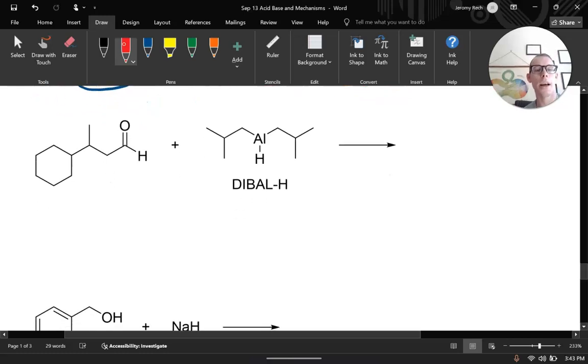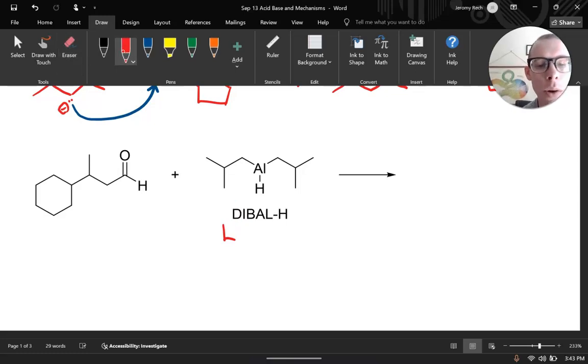Our second one here has an aldehyde. That aldehyde is a carbon double bond oxygen with a hydrogen on one of its sides and a carbon on the other. And it's going to be reacting with DIBAL-H. DIBAL-H is known as a really good reducing agent, and it is a well-known Lewis acid.